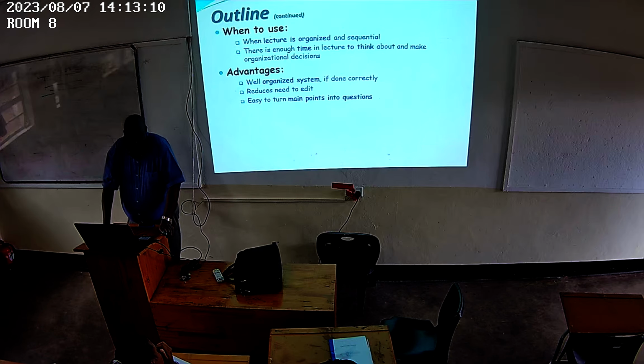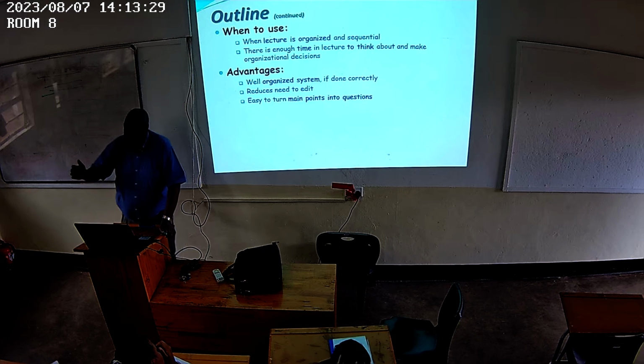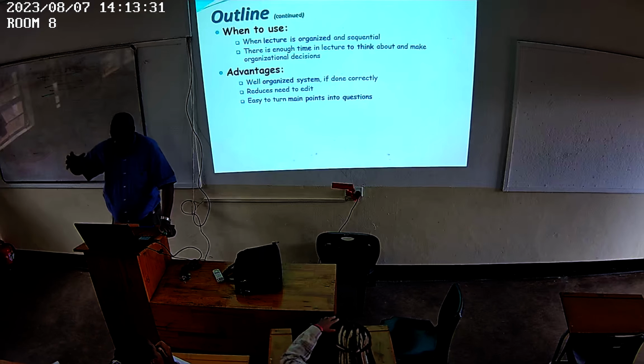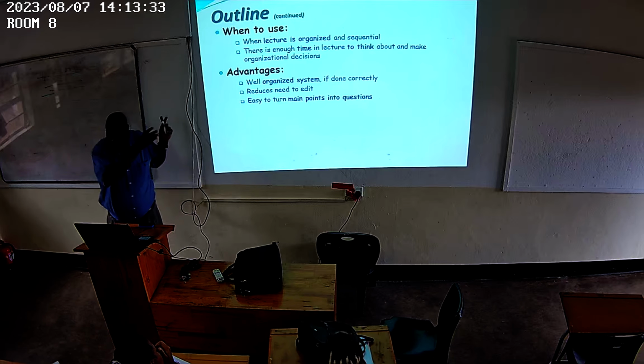What are the advantages? The advantage number 1 is that this system is well organized. And if it is done correctly, it reduces need for editing. Because you remember in the Cornell you have all your notes this side and then you have to edit them to reduce them on the other side.